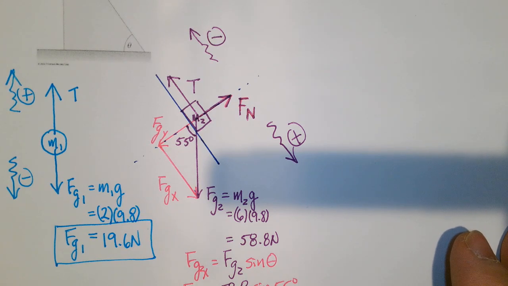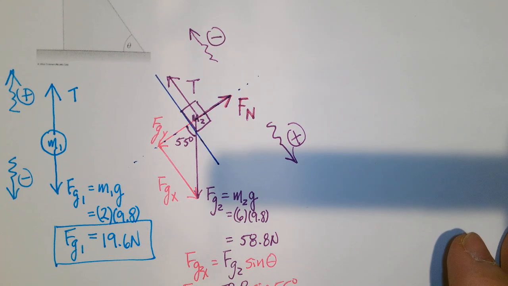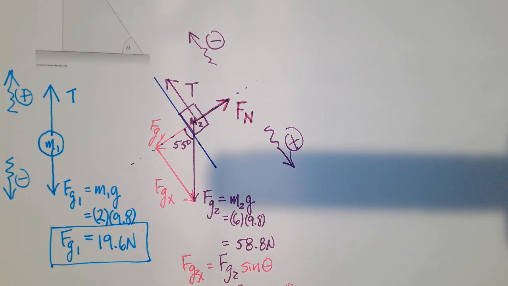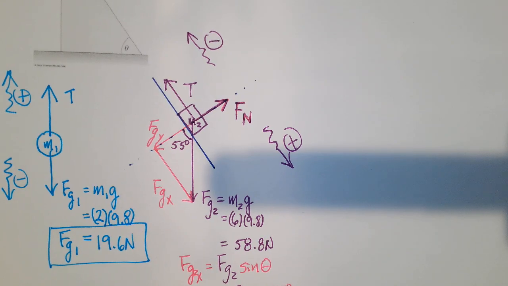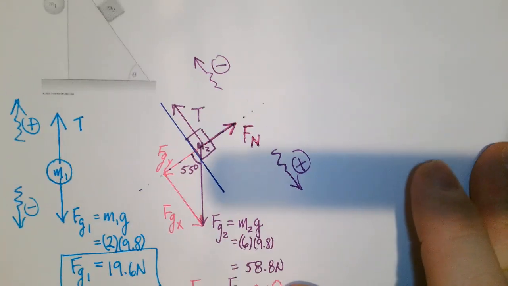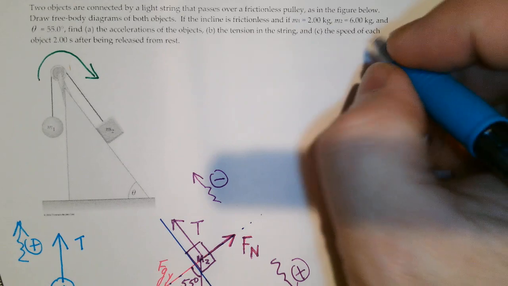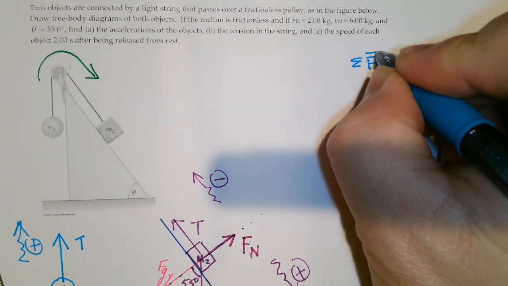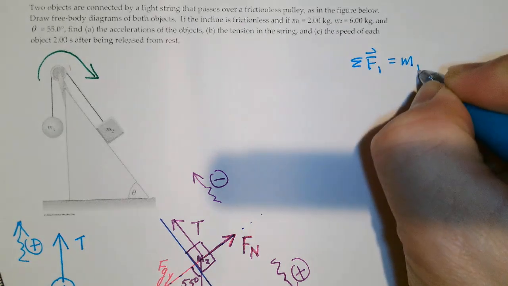Okay? So, let's work out the individual forces for each block. So the sum of all forces for mass 1 is equal to M1A.